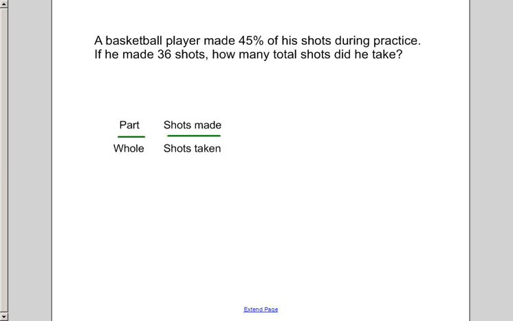If a basketball player made 45% of his shots during practice, if he made 36 shots, how many total shots did he take? So what we have here is a part to whole ratio that we're using. So let me get out my marker, and we are told that he makes 45%.